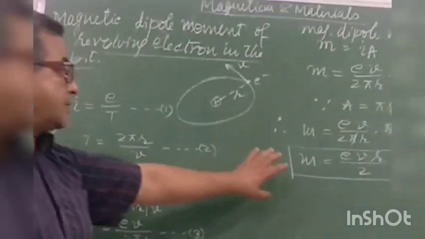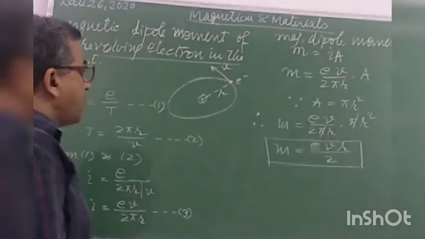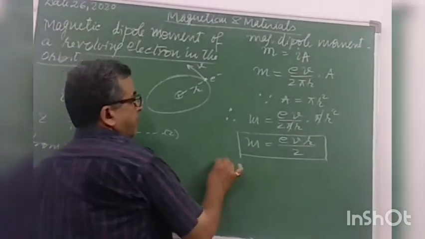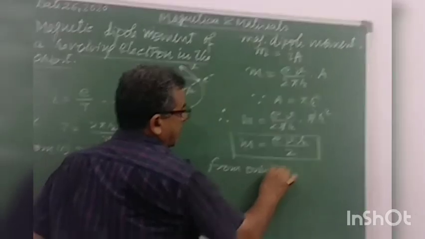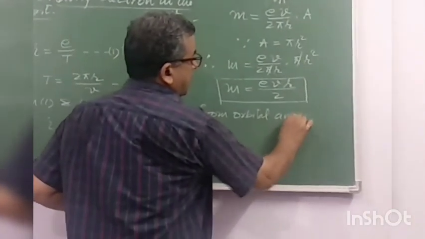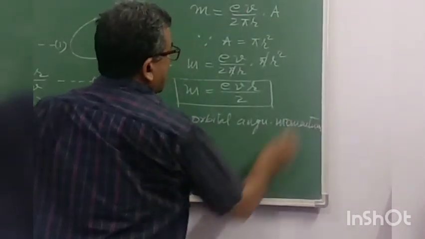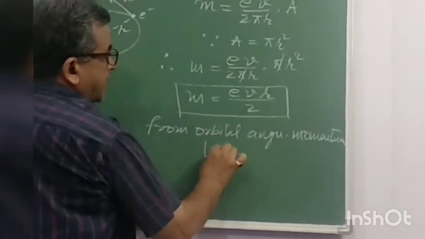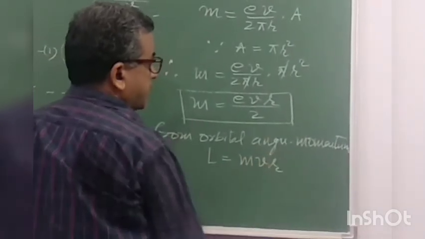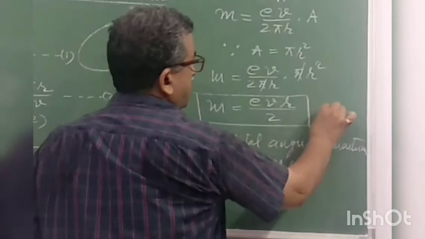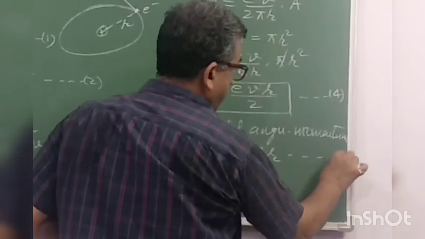We can compare this dipole moment with the orbital angular momentum. The orbital angular momentum, that you have done in the 11th standard, is mvr. So comparing these two, this is equation 4, this is equation 5.